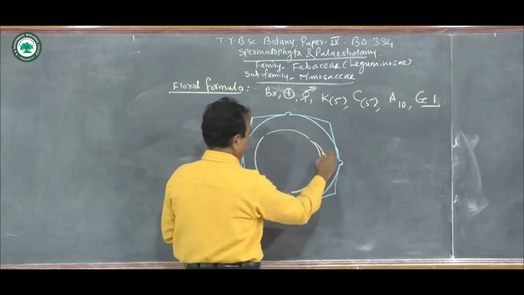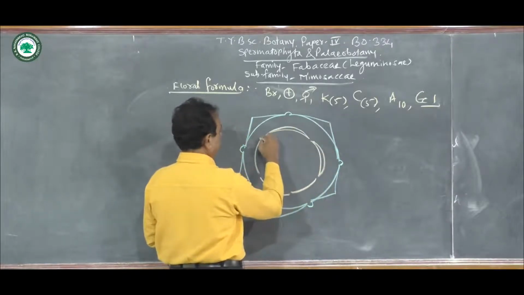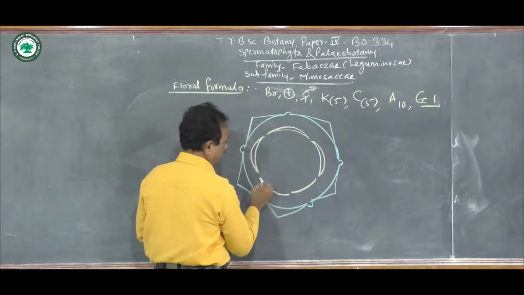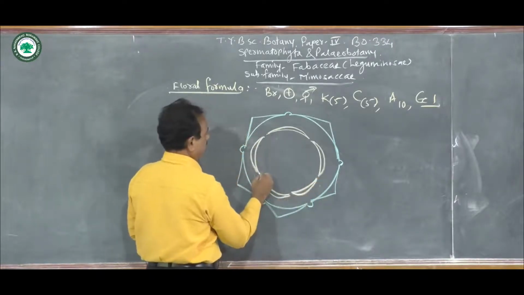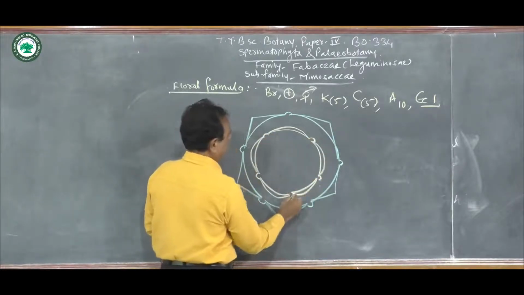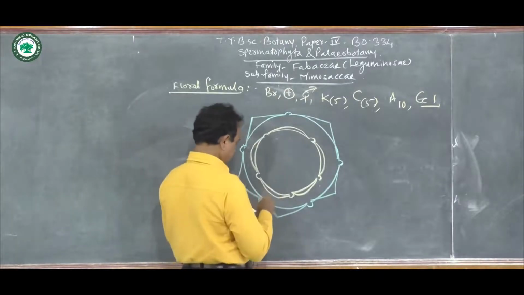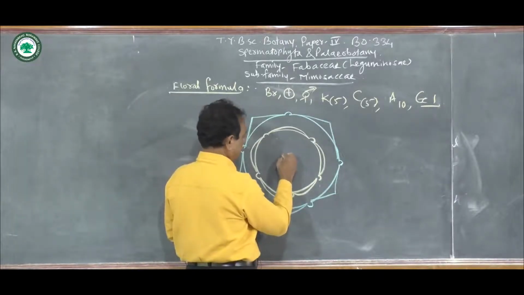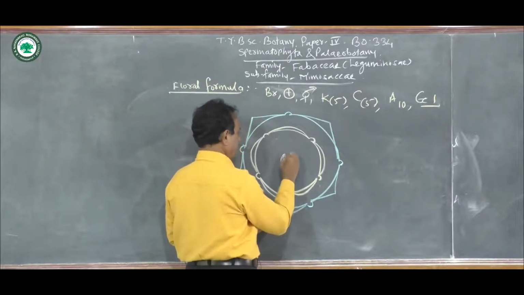These petals are also present in the valvate type of estivation, and they are also united, that is gamopetalous. Here in the center there is the presence of the ovary.